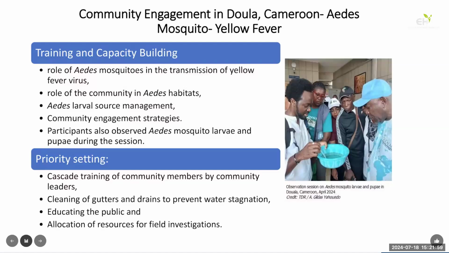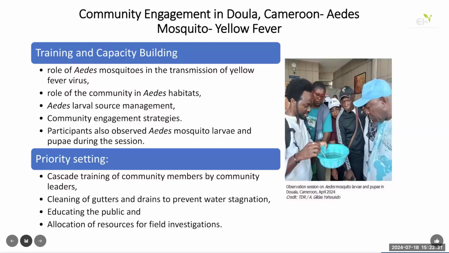And we can see that here they were really trying to demystify the science behind the vectors. So they trained them in identifying the vector itself, how this vector breeds in the community, issues of larval source management, and more importantly, they involved the community in setting priorities. So the communities themselves agreed that they would have cascade training of their community members, and they would do some environmental sanitation measures.